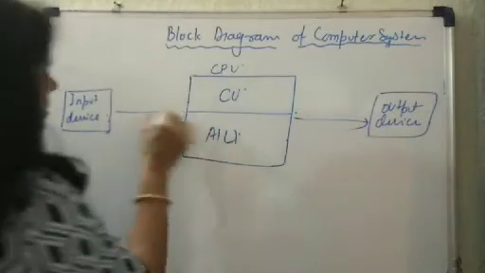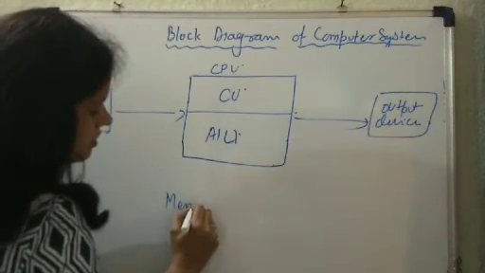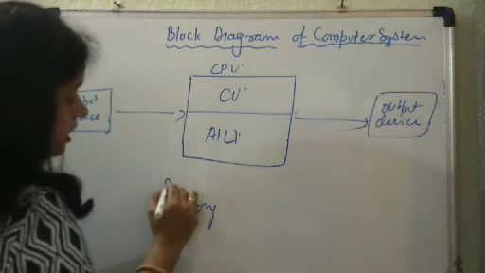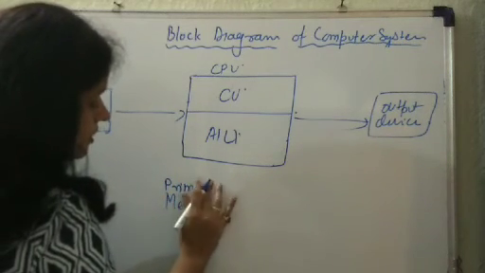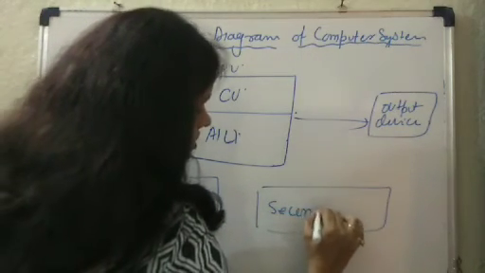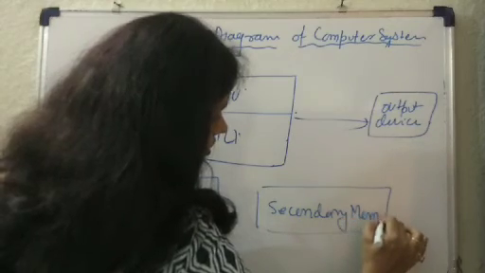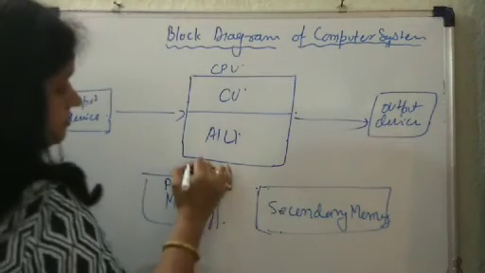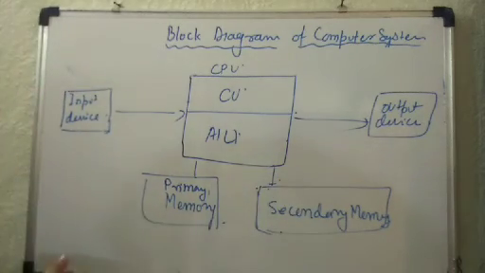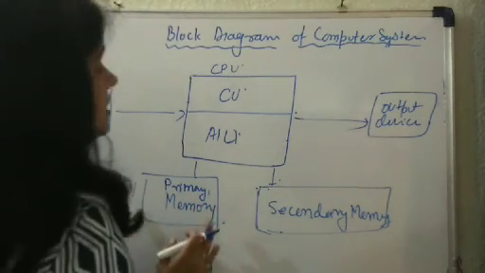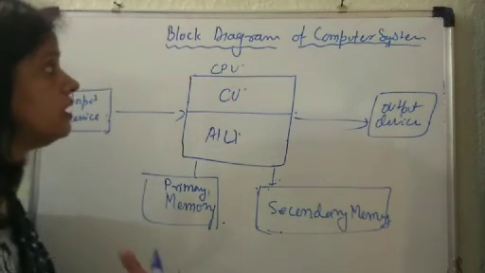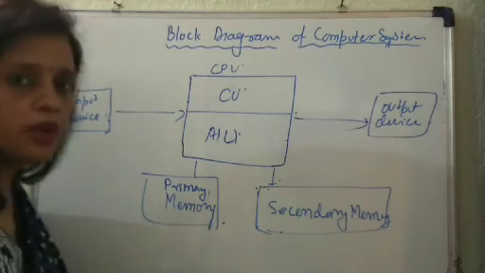And here is the memory: primary memory and secondary memory. The same diagram you can also represent with the memory inside the CPU. So this is a logical diagram of the computer system.